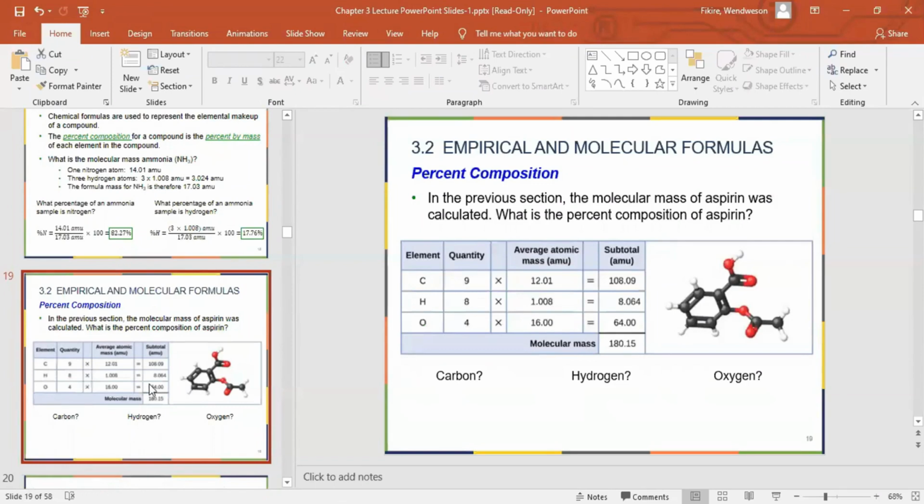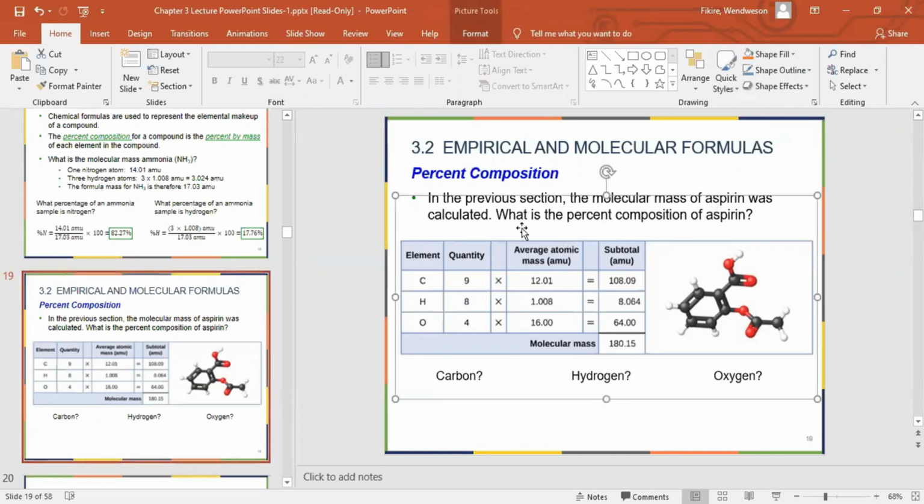Okay, so here, for example, in the previous section, the molecular mass of aspirin was calculated. What is the percent composition of aspirin? This is going to be a practice problem for all of us. Let me write the formula for aspirin.